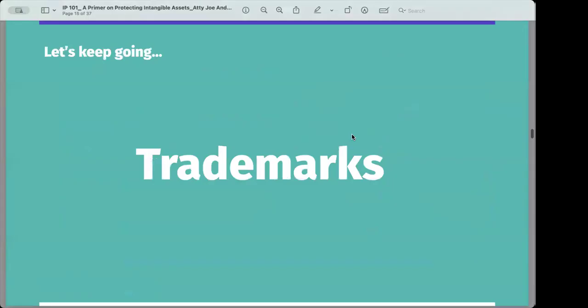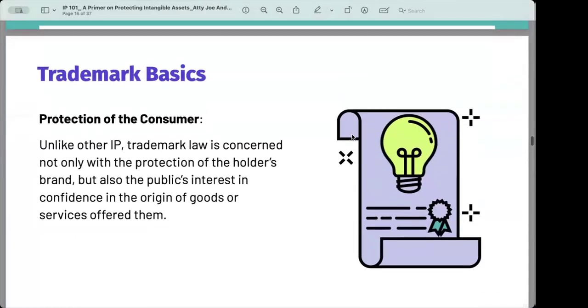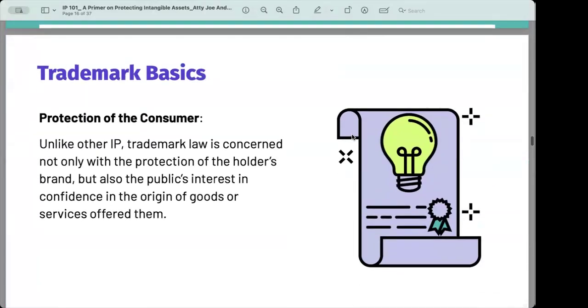All right, now let's get into the ones that I think are probably generally more applicable to the companies that are involved in the cluster. The first is trademarks. Now, trademarks are different than all of the other ones, and you'll remember I said there's a monopoly involved. Well, it's not just for the owner in this case.